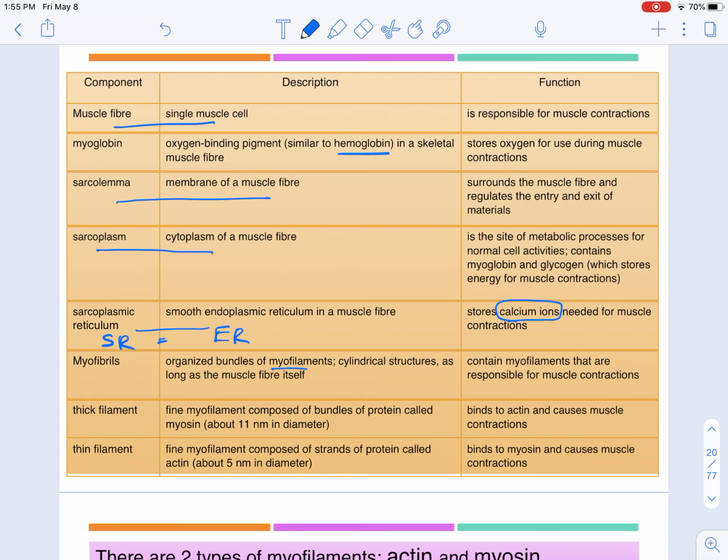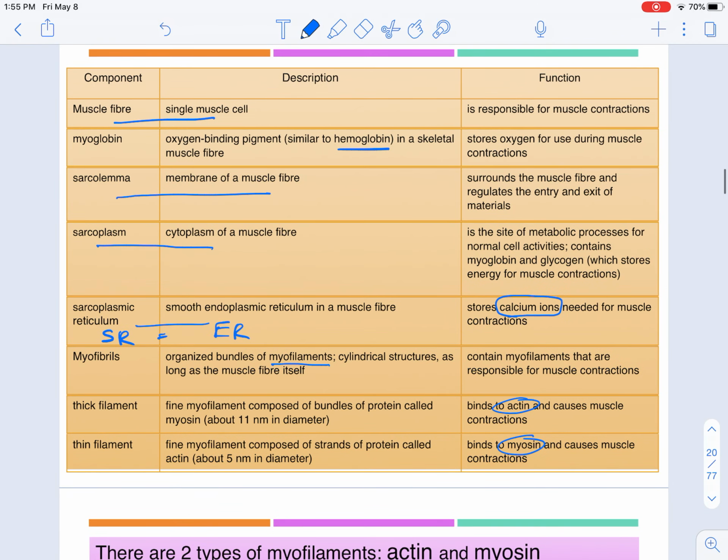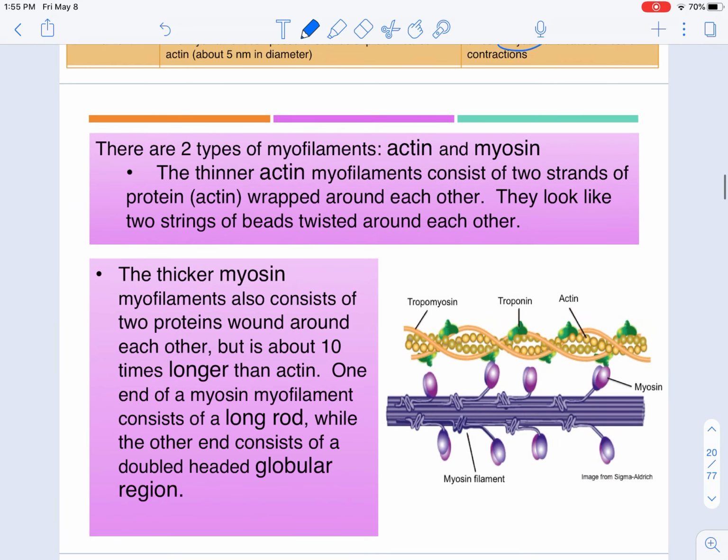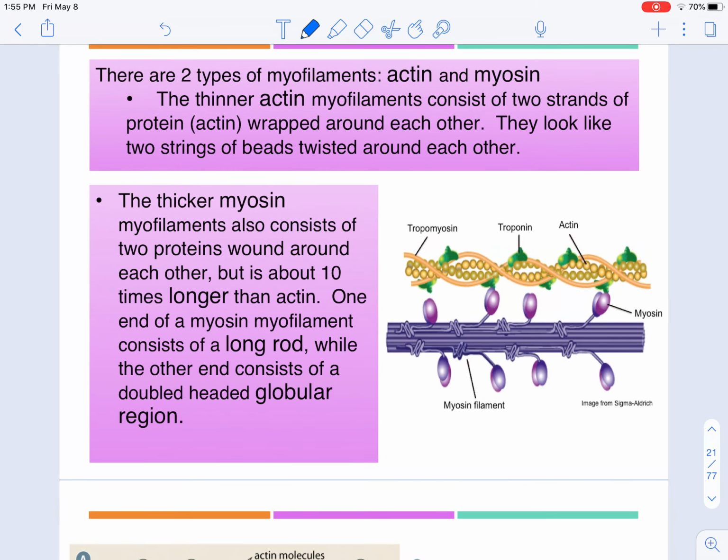Myofibrils are where the bundles of myofilaments are, which are made of the actin and the myosin filaments, which will interact, and we'll talk about those coming up. So these are all important structures of muscle. When you look at a picture of the myofibrils, we will have to zoom in and talk about actin and myosin here so we know how the muscle contracts.